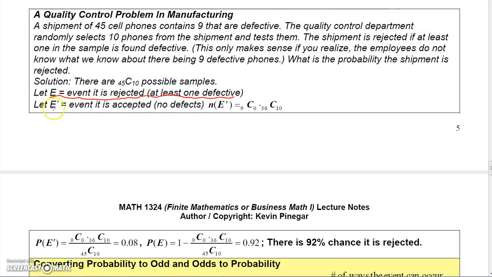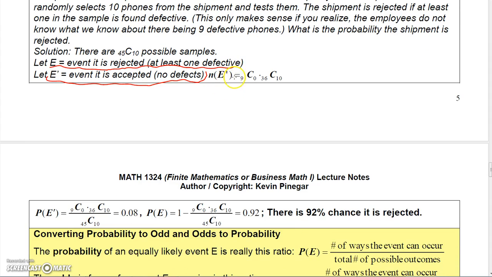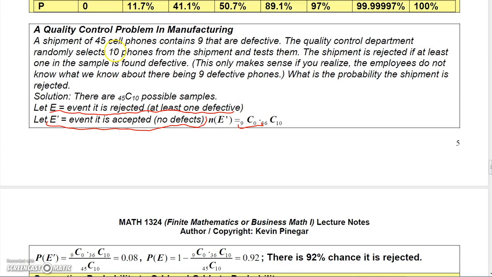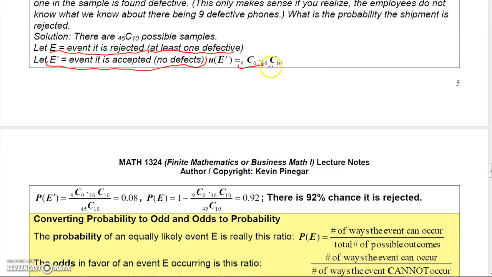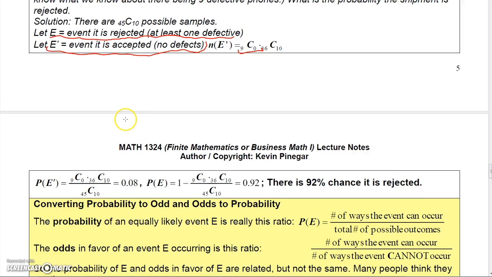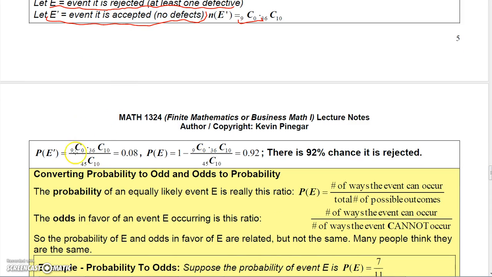So it's easier to find the probability of no defective parts, because I can easily get the number of ways to get no defective parts. So out of the 9 defective, choose none, and then out of the 36 good ones, choose all 10. And then if I divide that by the total number of samples possible, 45 choose 10, that gives me a probability of 0.08.